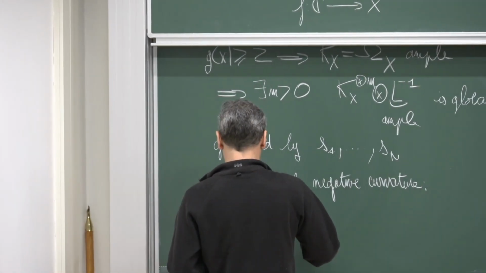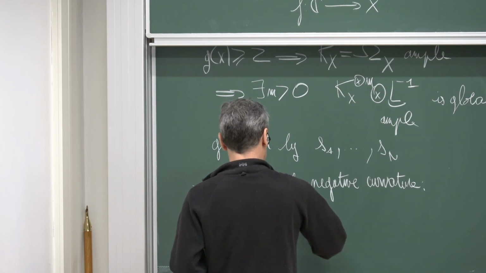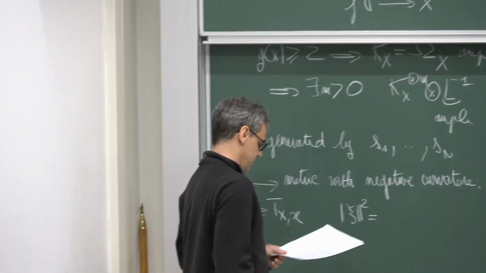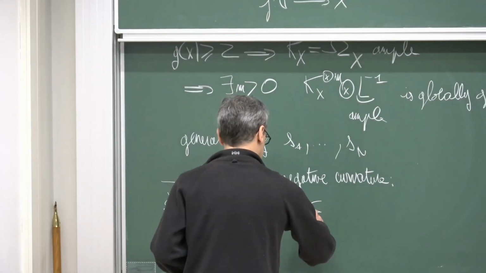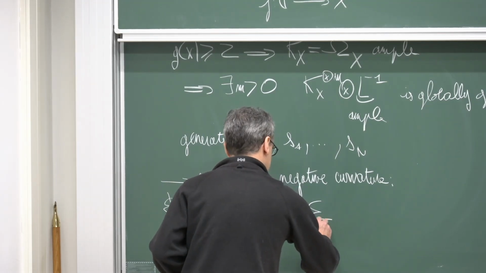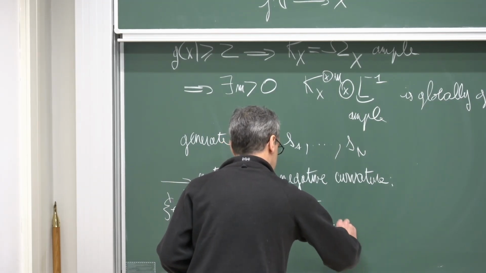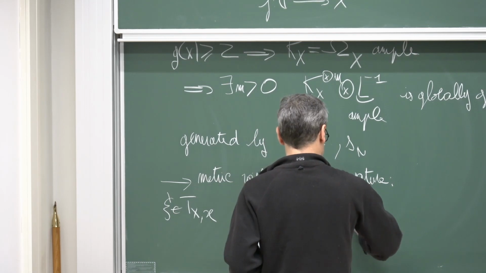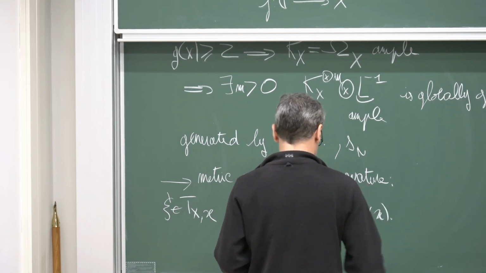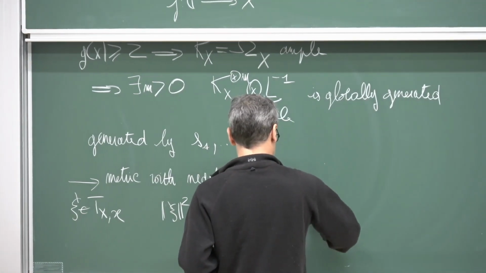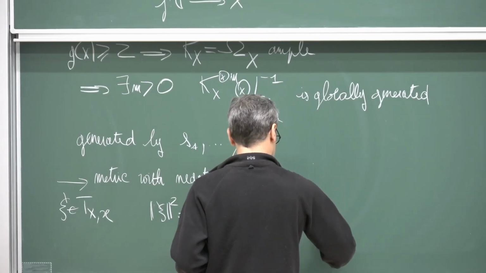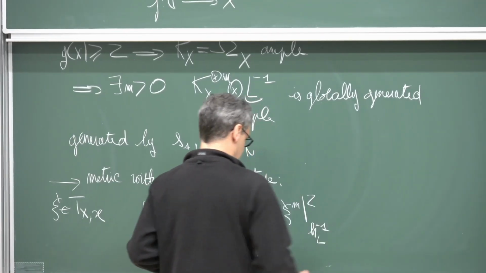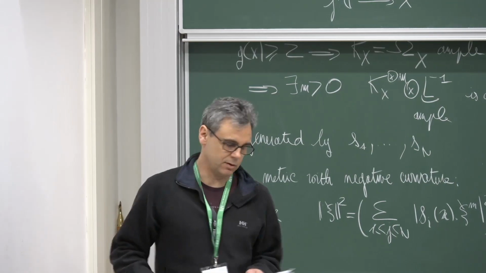You will, by definition, define the square of its norm to be the following quantity. So you use the differential forms, and you use a metric on the line bundle L.